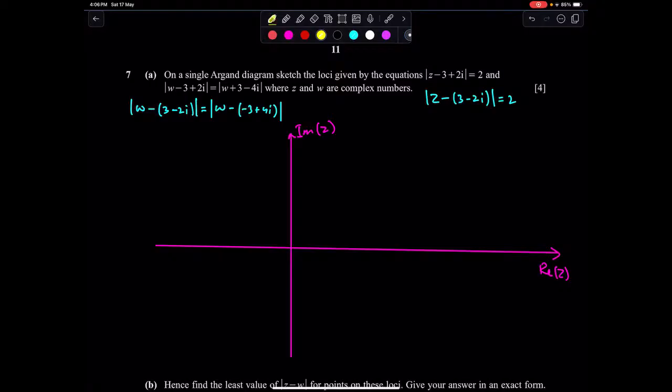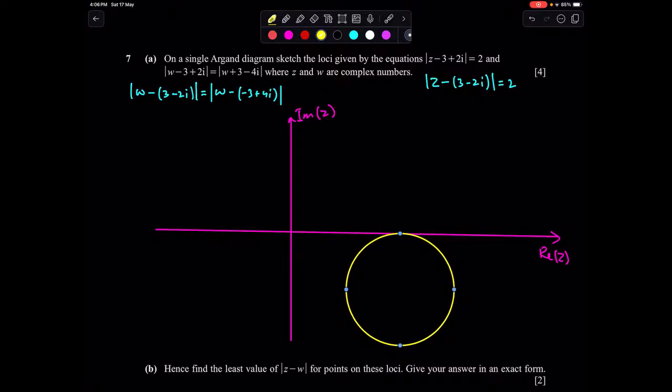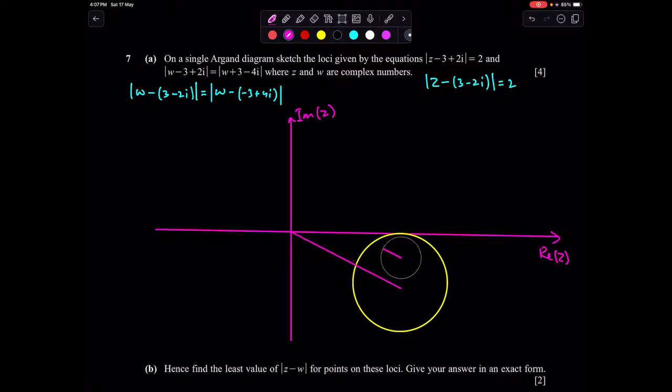Now circle with center at 3 minus 2i. This is 3, this is minus 2i, this is minus 4i.